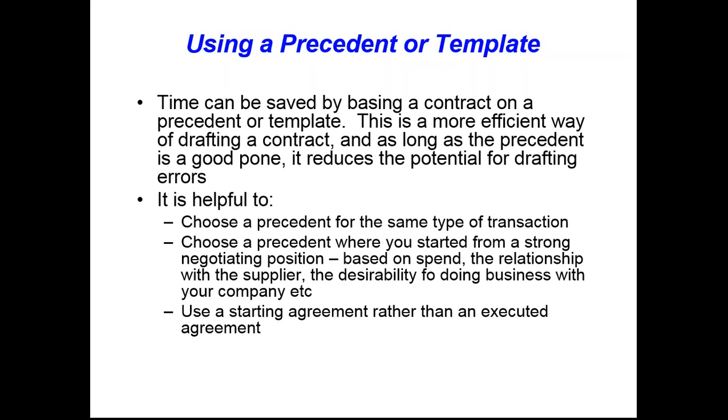In other words, when you go into a supplier, you have a big wish list. When you finish the negotiation with a supplier, you may only have got half of your wishes. If you're going to use a precedent or a template, please use your going in list rather than your coming out list.